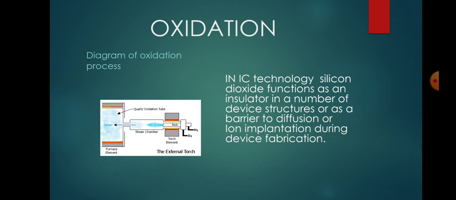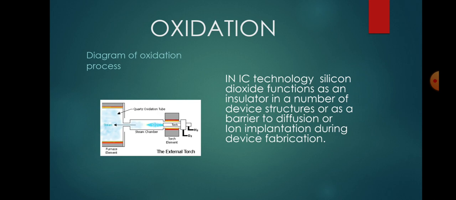So we have shown in our earlier figure that a section of bare silicon wafer is used and is ready for oxidation. After the oxidation process, a silicon dioxide layer is formed all over the wafer surface. So only the upper surface of the oxide layer is used as we have shown in the diagram. Here we have also shown the basic device which is used for the diffusion or oxidation process.